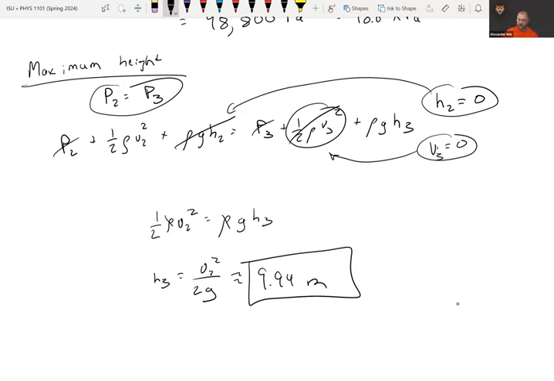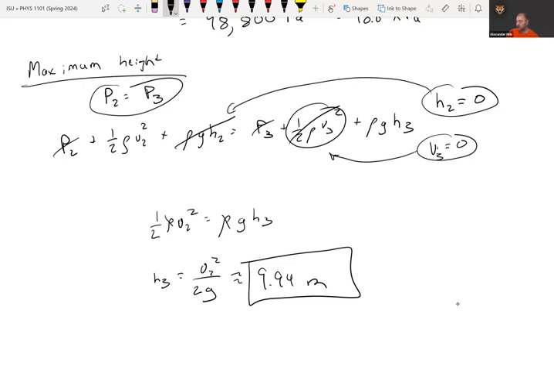So some of these Bernoulli equation problems can be a little bit tricky. And I think one of the hardest parts is that solving this algebraically is not too bad. One of the most difficult parts is being able to identify from context which of these terms are zero and which terms will cancel out. P2 and P3 weren't zero, but the fact that they were equal meant they canceled out in the Bernoulli equation.